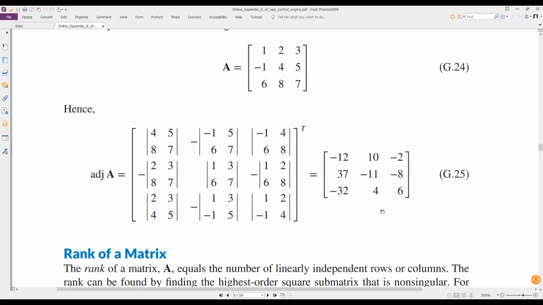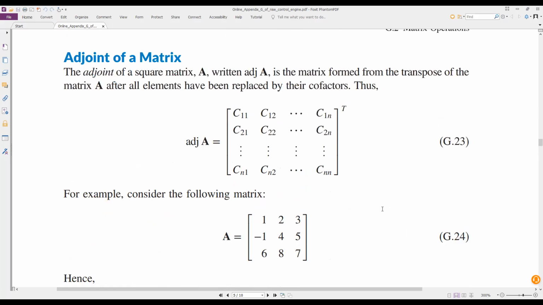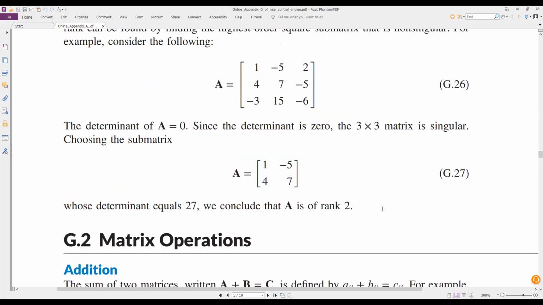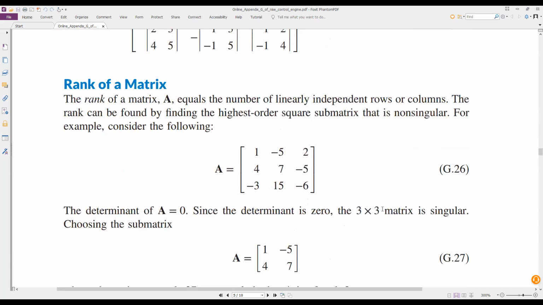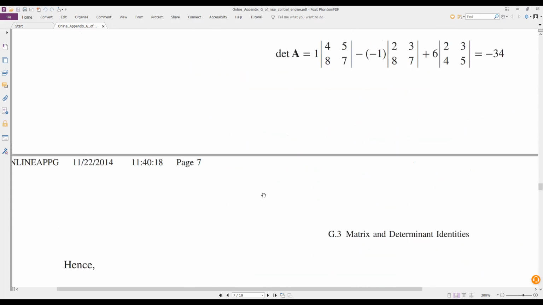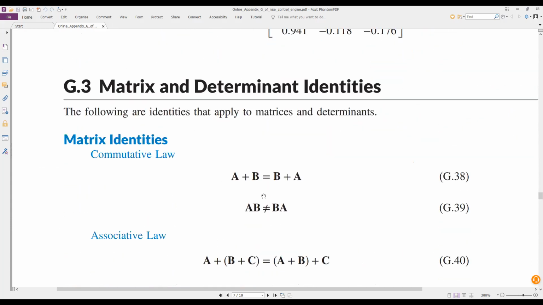Okay, so remember this adjoint of matrix. And rank of matrix. The rank of matrix A is equal to the number of linearly independent rows or columns. These things will not be required because I think you already know them.